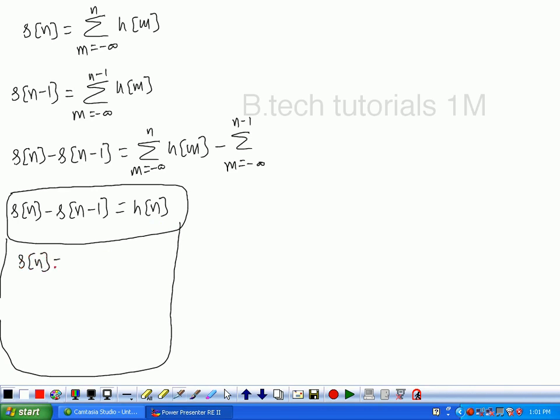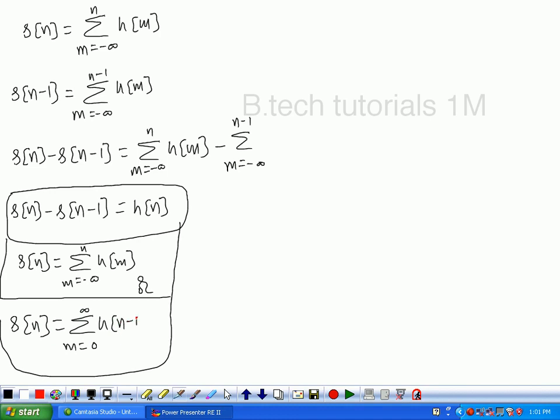S of n is equivalent to sigma m equal to minus infinity to n h of m, or otherwise the same S of n can also be written as sigma m equal to 0 to infinity h of n minus m. So this is the impulse response in terms of the step response, and these two equations indicate the step response in terms of the impulse response. You can use either this equation or this equation, both are the same. Understood?